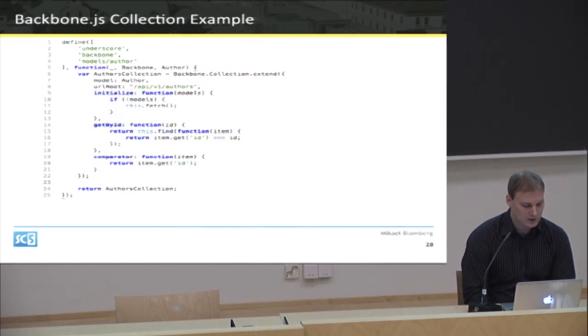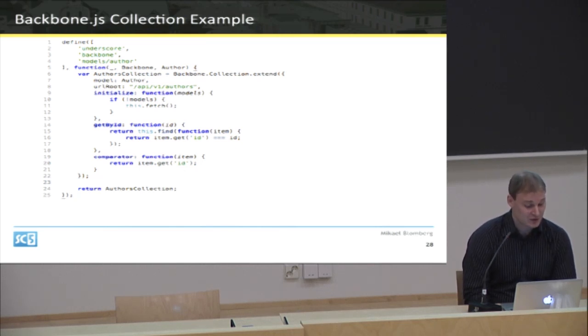And this is what a collection looks like. It has the same root URL as the model, and then this get by ID is not necessary.